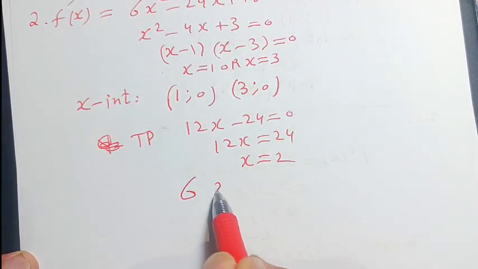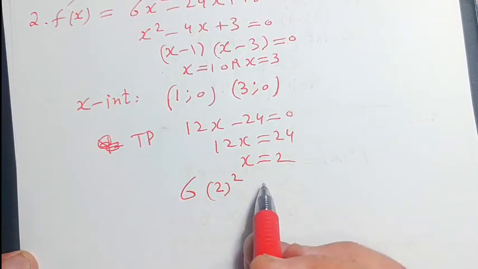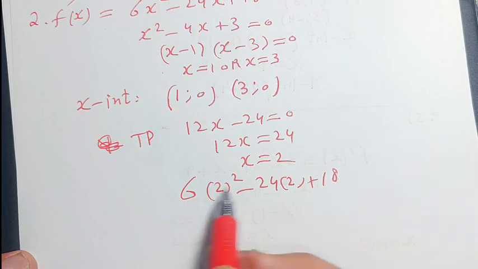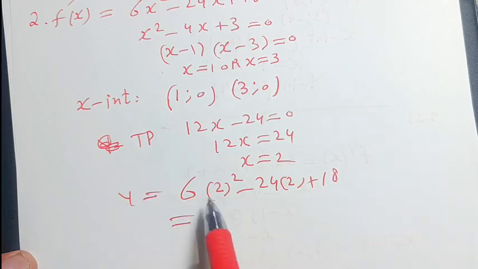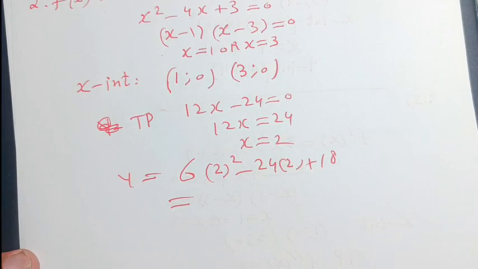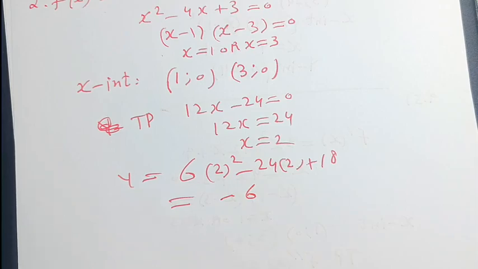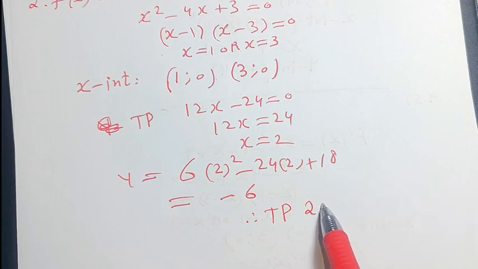So 6 multiplied by 2 squared minus 24 multiplied by 2 plus 18. This is the y value. So now I'm going to use the calculator. So the answer is negative 6. Therefore the turning point will be x is 2, y value negative 6.